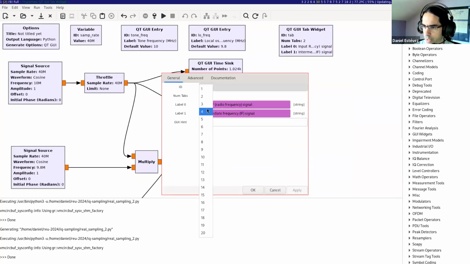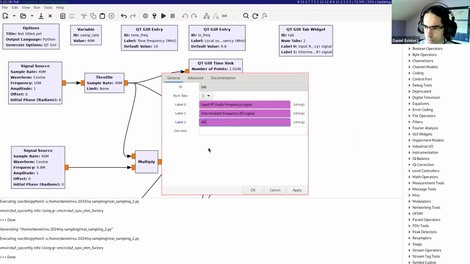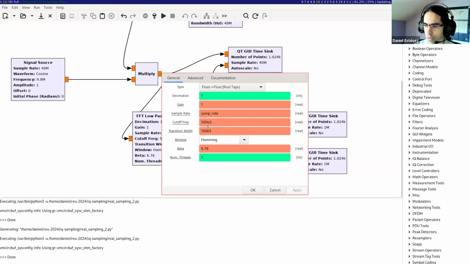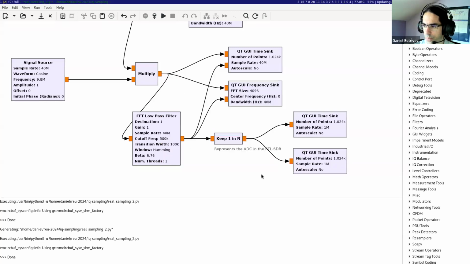And I want to make another tab. Let's call it ADC output. And then it might become clearer why I have used this cutoff frequency of 500 kilohertz.